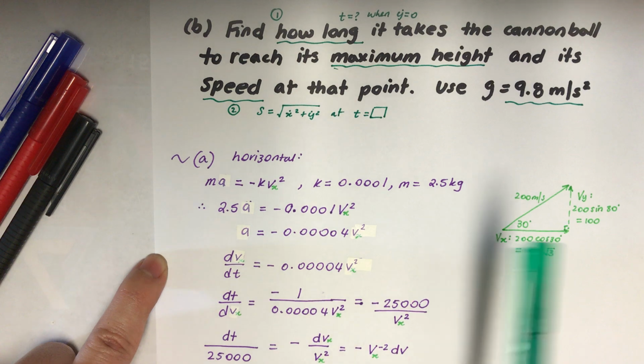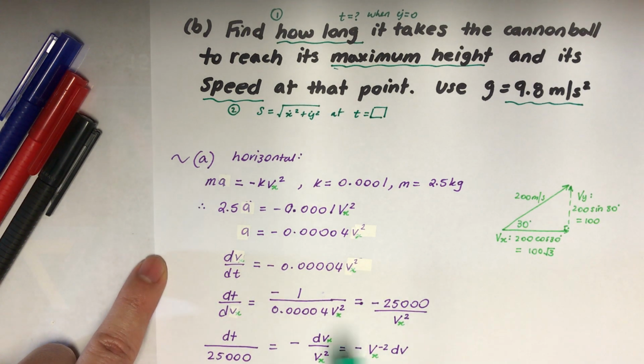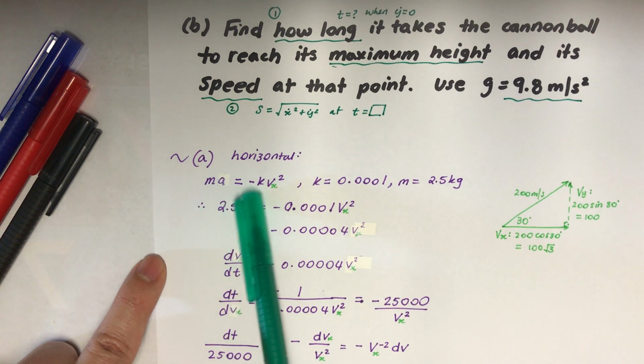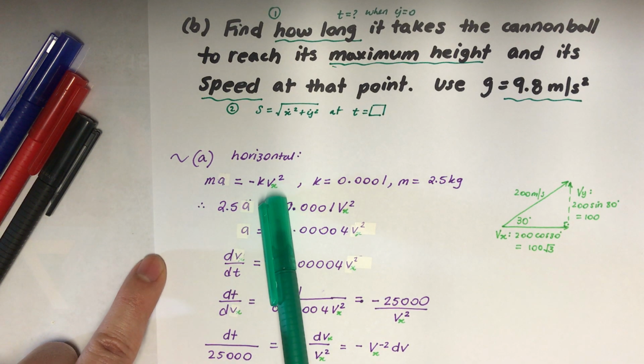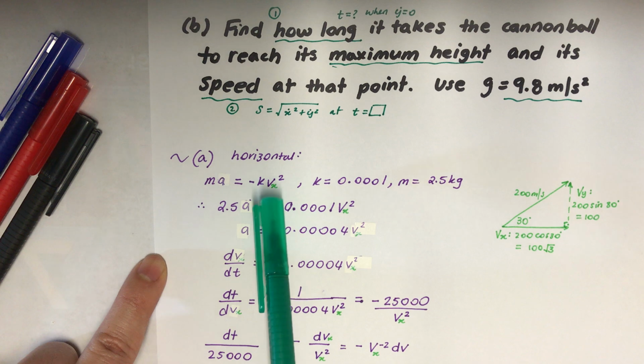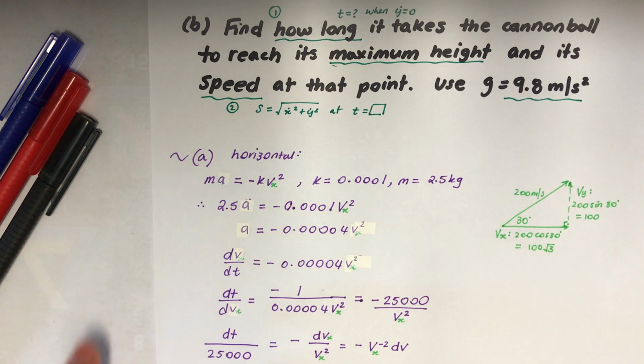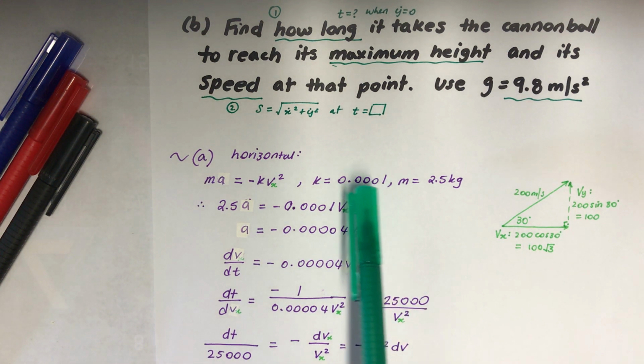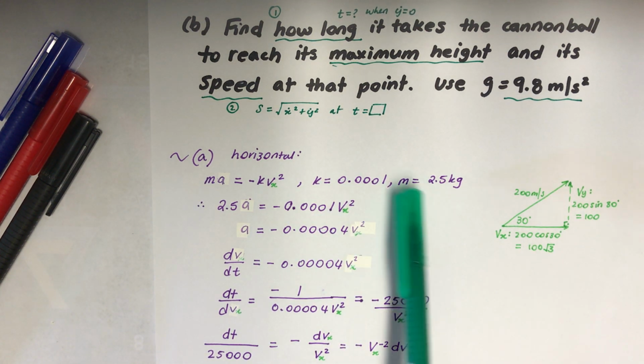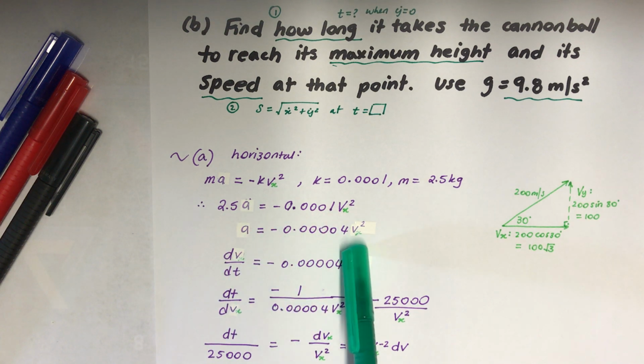So I don't really need to worry about the vertical because it's just horizontal, x in terms of t, isn't it? So ma equals minus kv x squared. Now I didn't use m here because m was given, so m doesn't need to be used here. It's not really going to cancel out, so I'm not going to use that. And all the information I've got from the question is there, so I'll put it all back in.